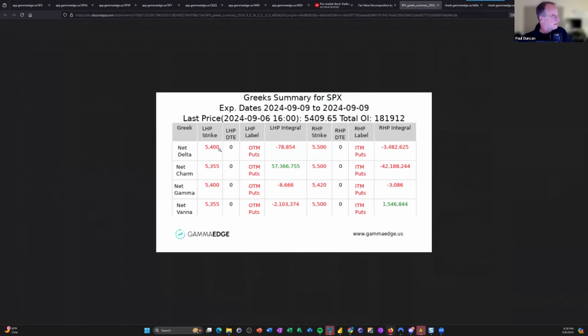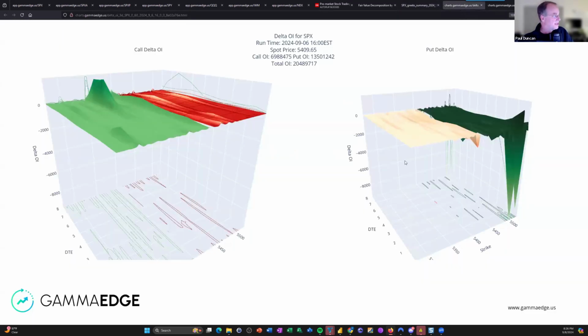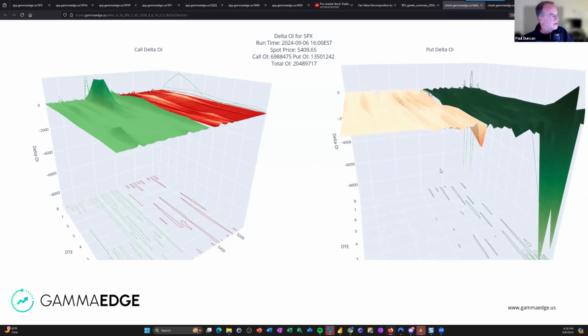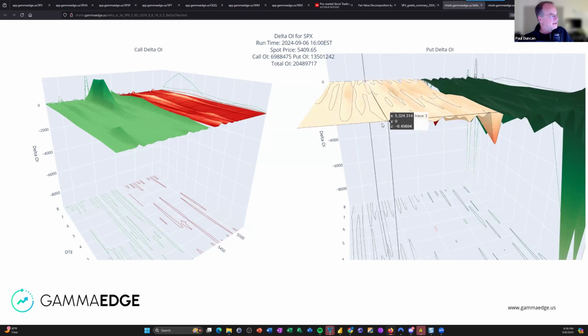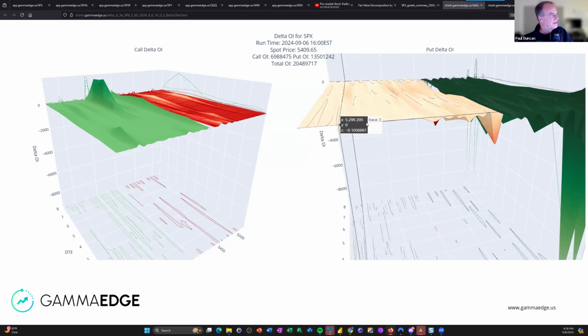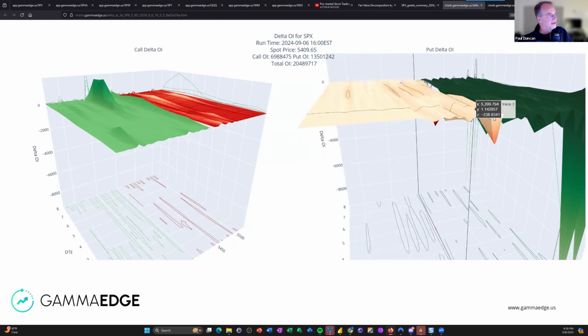So when we sum all those together on the left-hand plane, you get a particular case only because you can see it's out of the money put dominated, it's negative, and you can see it starts just flattening to zero, right along this edge right here.